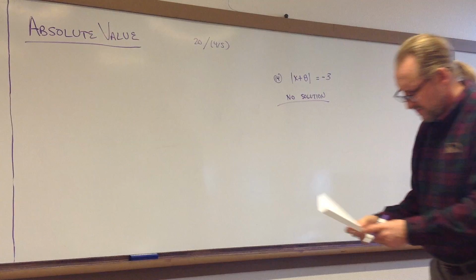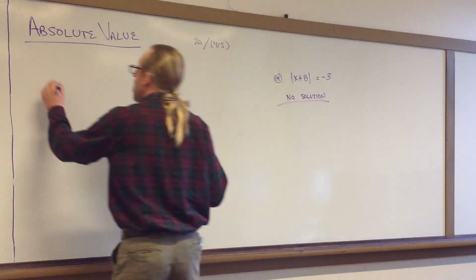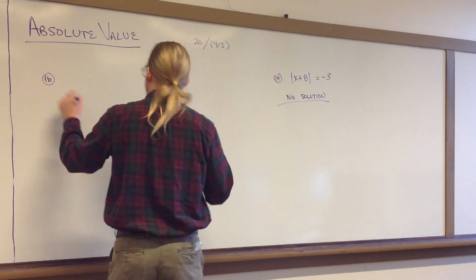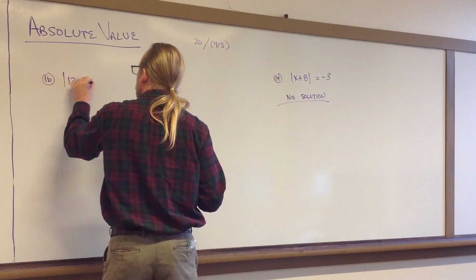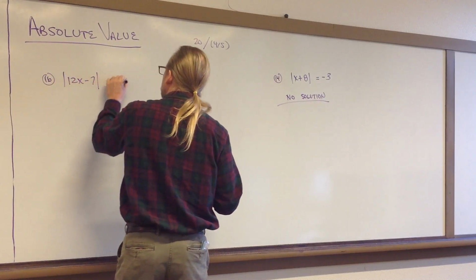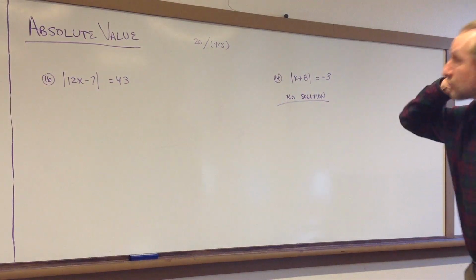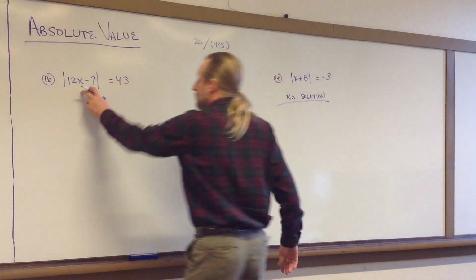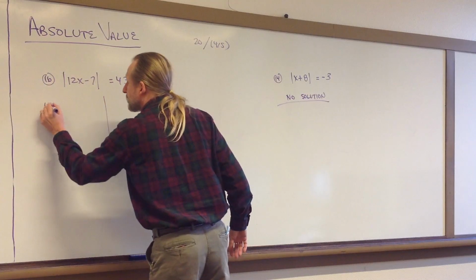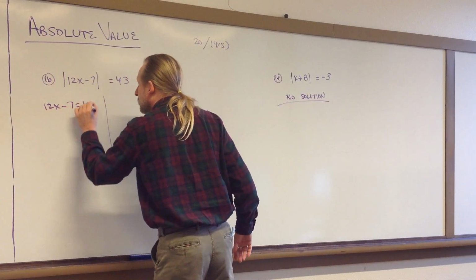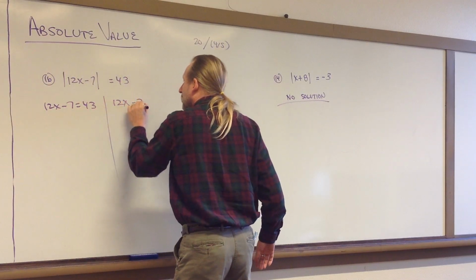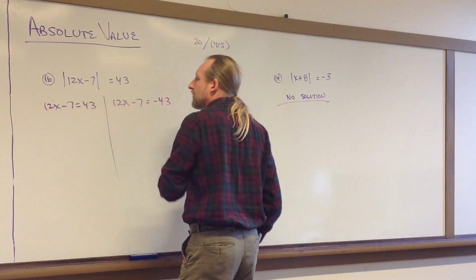Problem 16. Absolute value, 12x minus 7 equals 43. Okay, no problems. So the absolute value is by itself. So let's split it into two pieces. Could be negative 43.